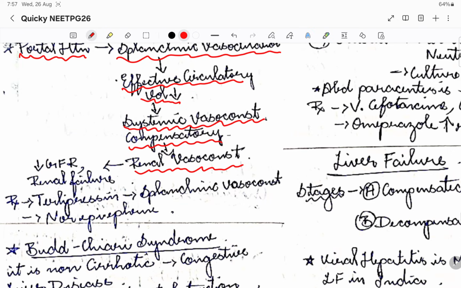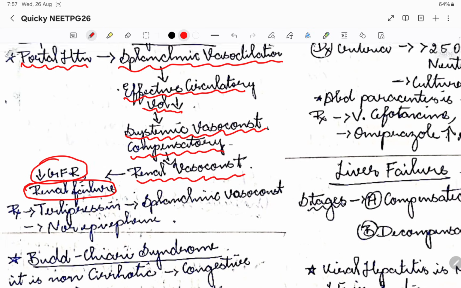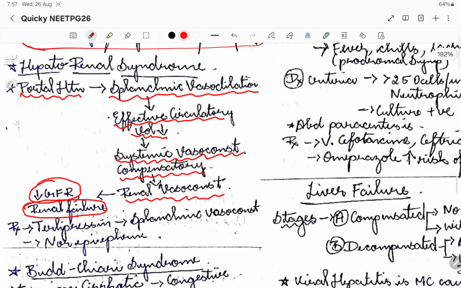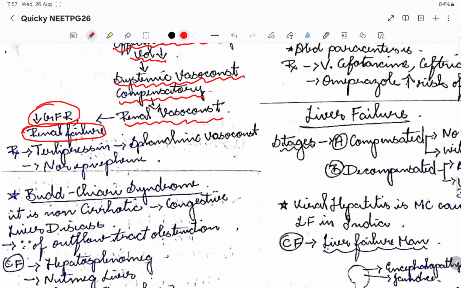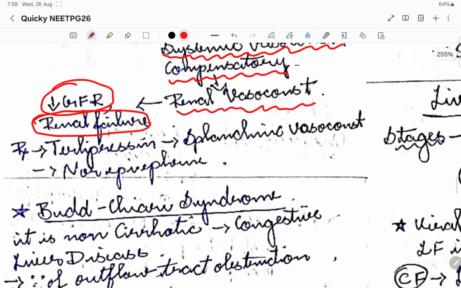This chronic renal vasoconstriction will lead to reduced GFR, and eventually to renal failure. This is known as hepatorenal syndrome: because of hepatic portal hypertension, it is leading to renal failure. Now coming to management, here also we are giving terlipressin.